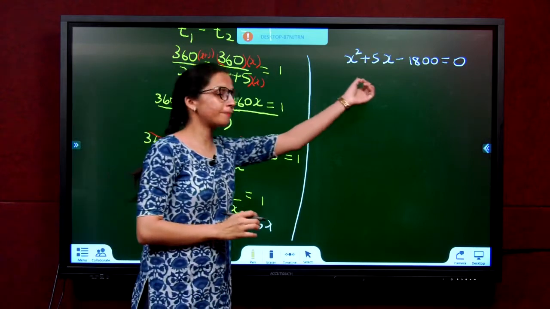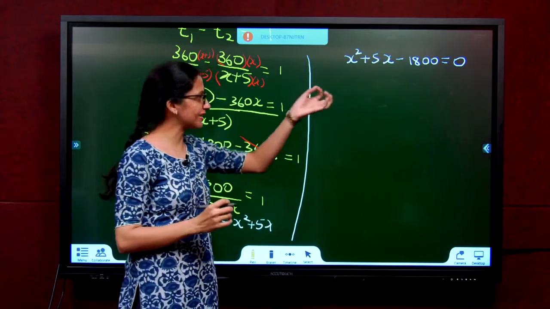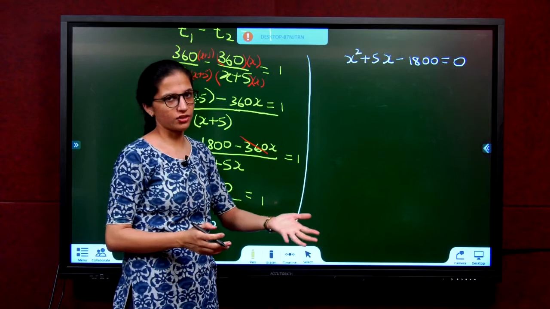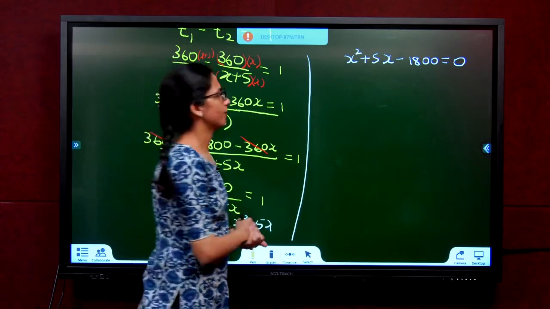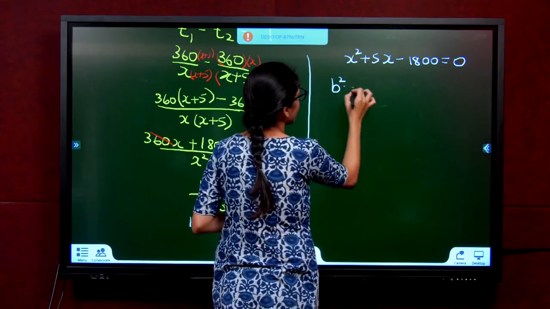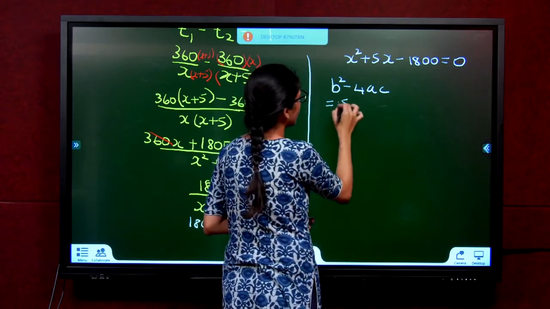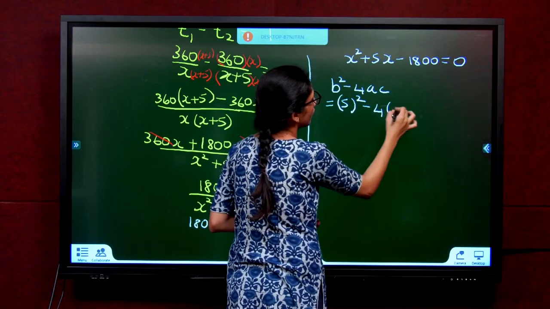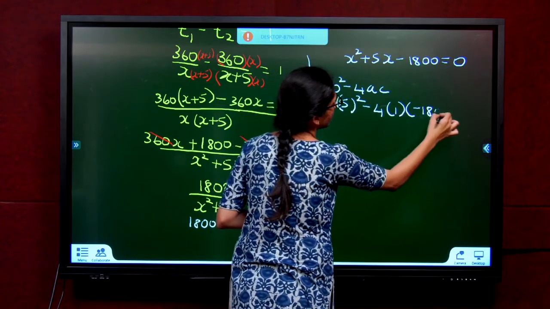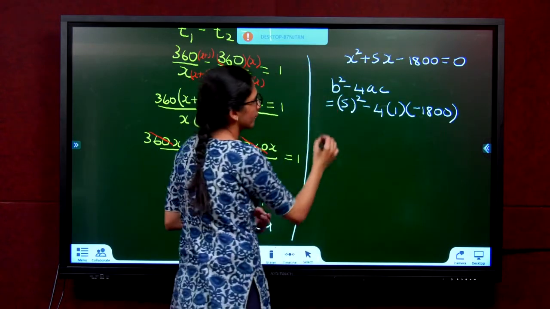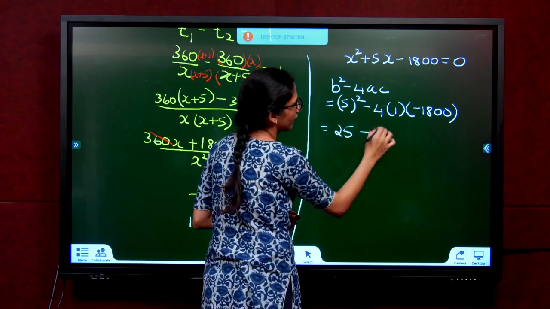If you can split the middle term and get the right split, go ahead with factorization. Otherwise, use the formula. B square minus 4AC. B square, 5 square, minus 4 into 1 into minus 1800. 5 square, 25.